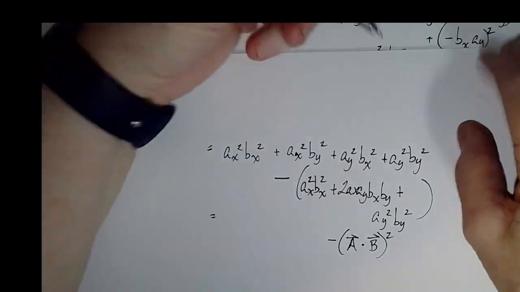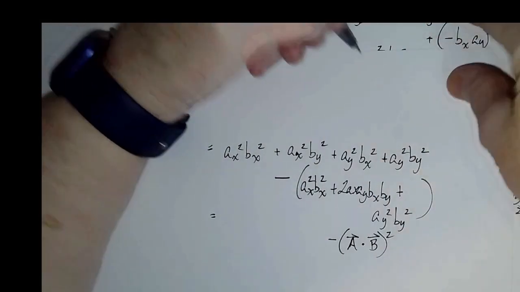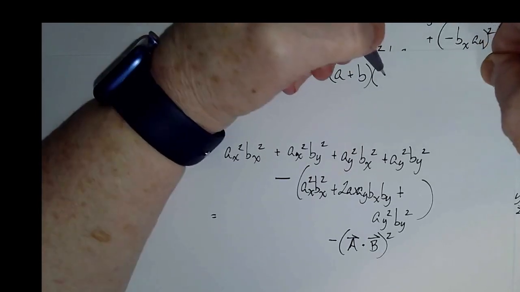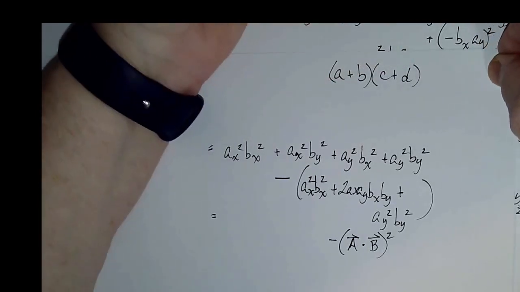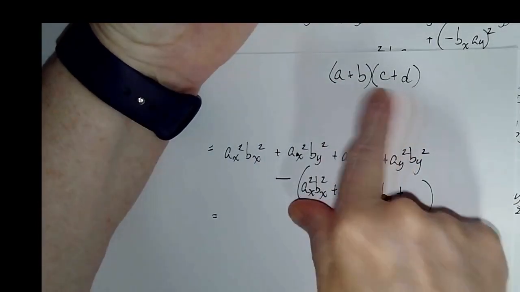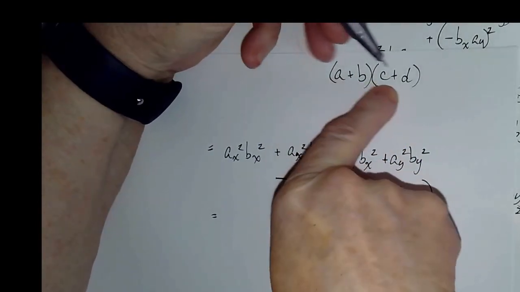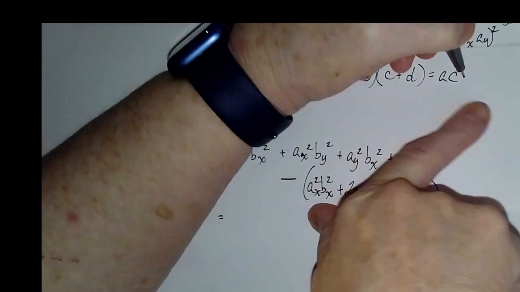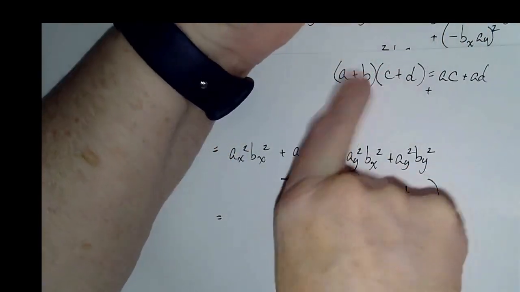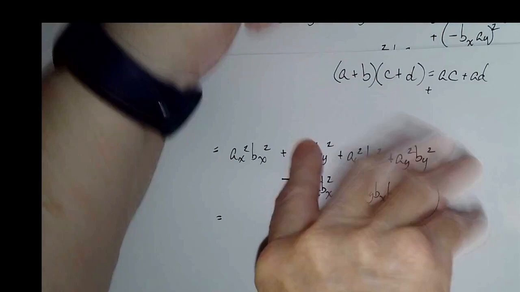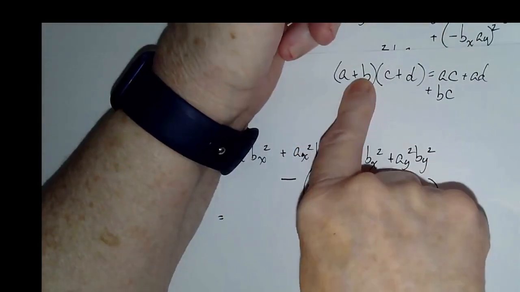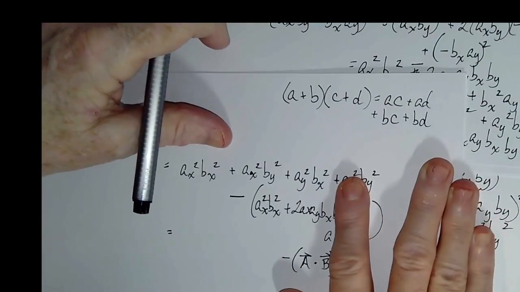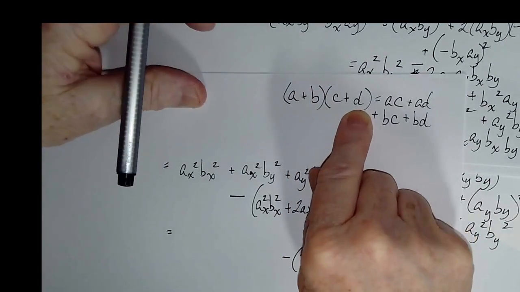And I have one other pattern to look at. What kind of a product do we have if we have A plus B times C plus D? Well, it's easy to multiply this out. We can distribute A across C plus D, so AC plus AD. And then we can distribute B across C plus D, so BC plus BD. And notice what happens when all four elements are different.